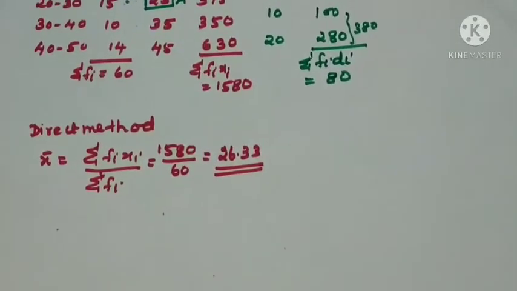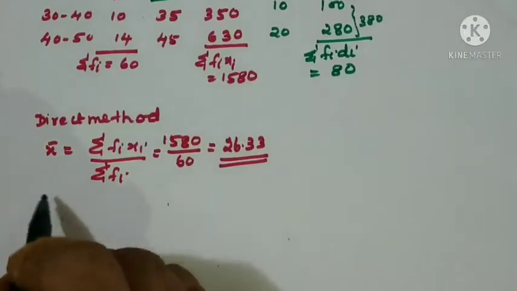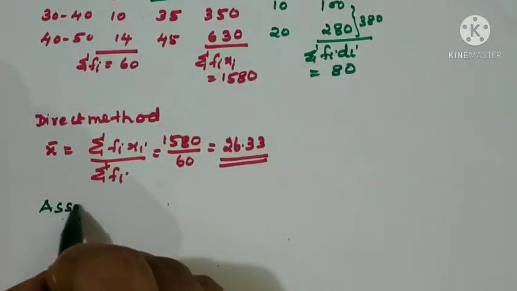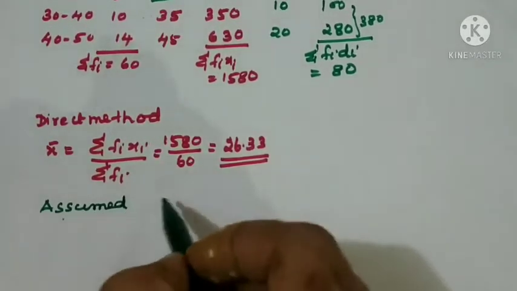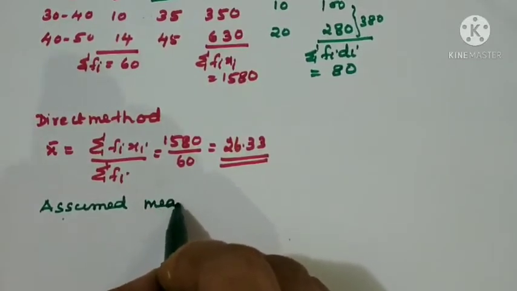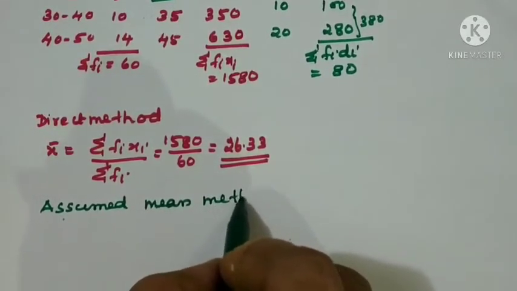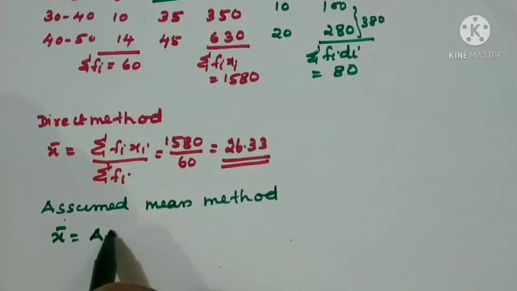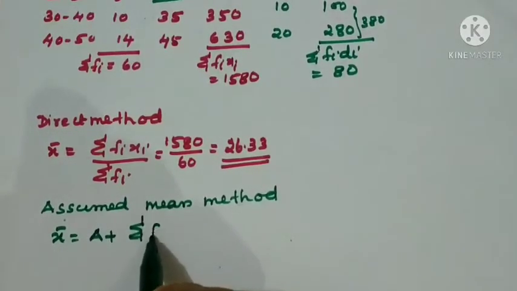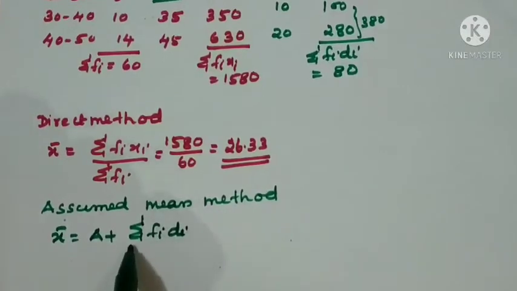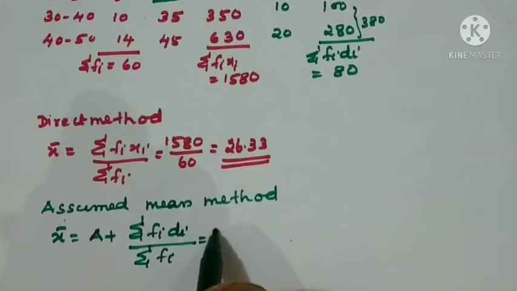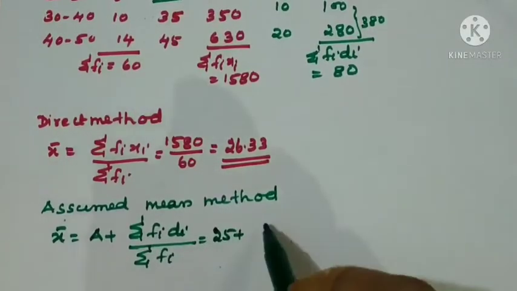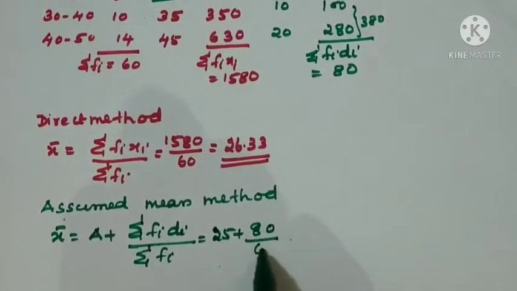Again, I'm going for the second method, the assumed mean method. X bar equal to a plus sigma fi di by sigma fi, equal to 25 plus 80 divided by 60.